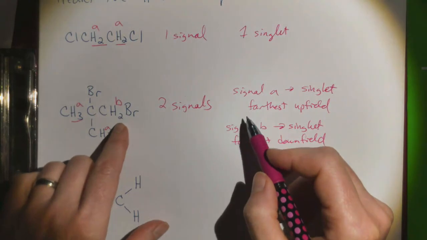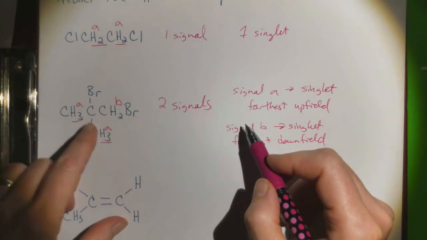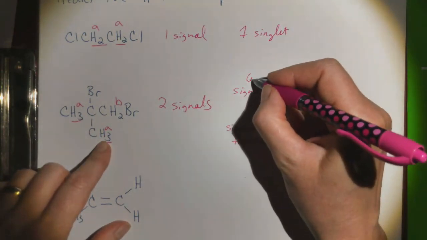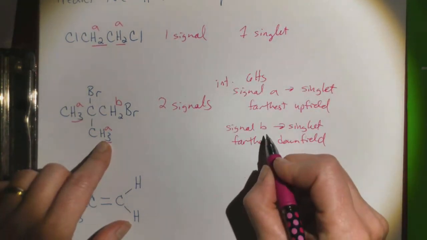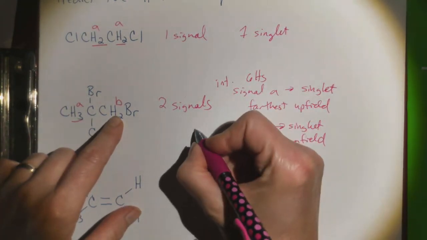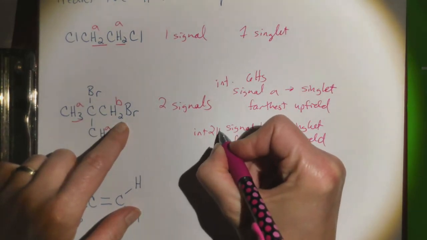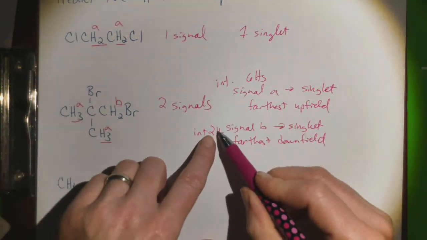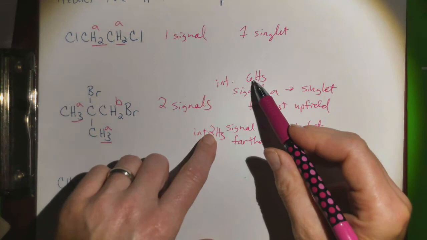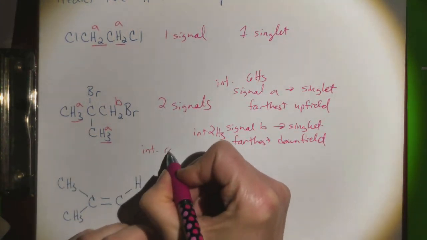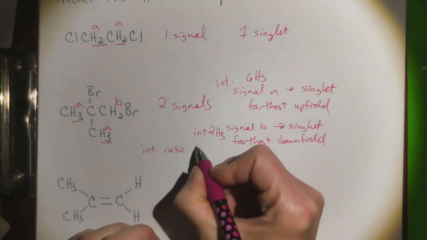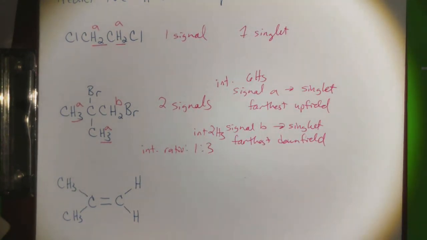Signal A should integrate for 3 plus 3, so 6 H's is the integration, whereas signal B integrates for 2 H's. So this could be reported as a 1-to-3 ratio. So the integration ratio is 1-to-3.